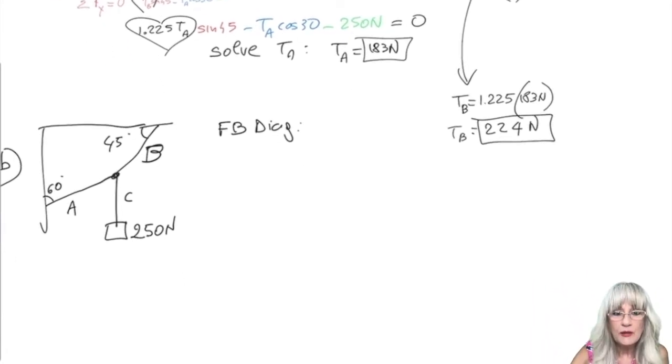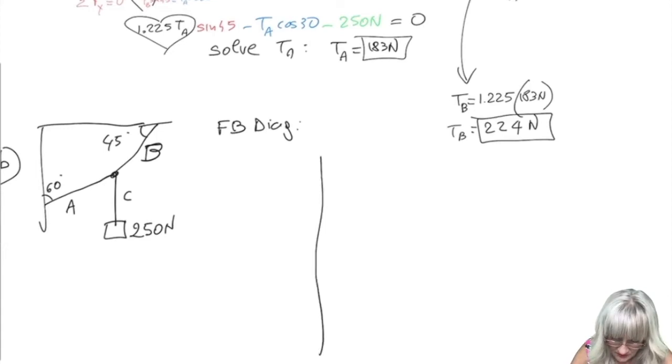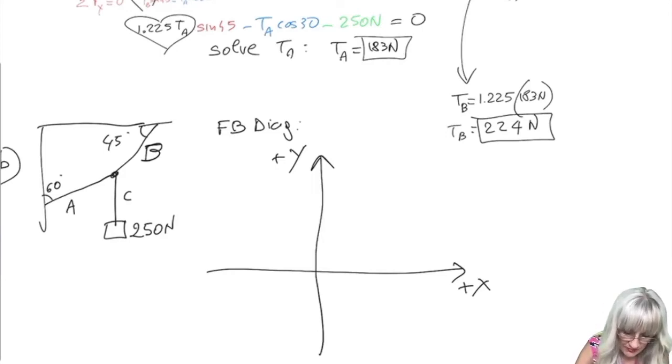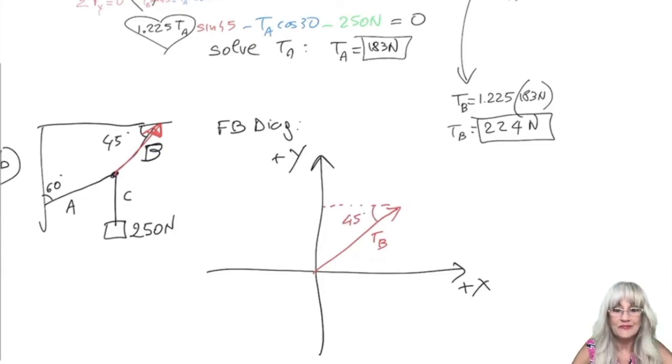So I'm going to move it up. Here I have my Cartesian axis, positive y-axis up, and this positive x-axis. T of B, I put it in red ink, so let me do the same. So this is T of B, right here. This will correspond to the line of the ceiling, and this is the angle of 45 degrees. Let's do components right away.